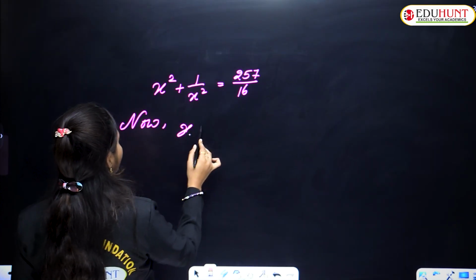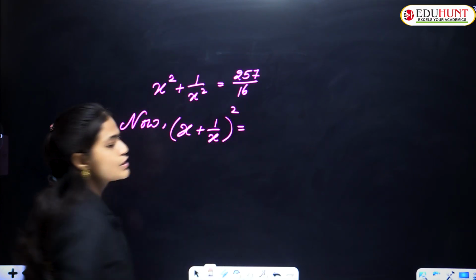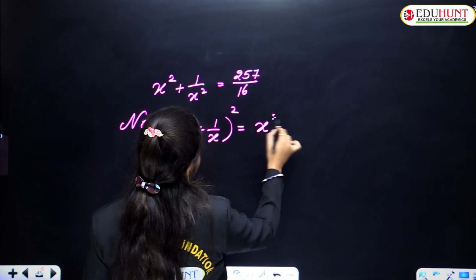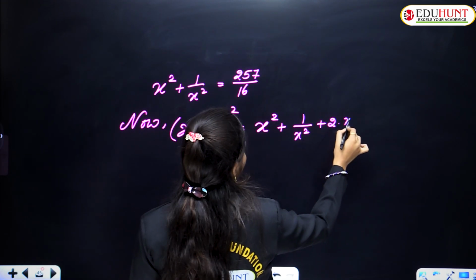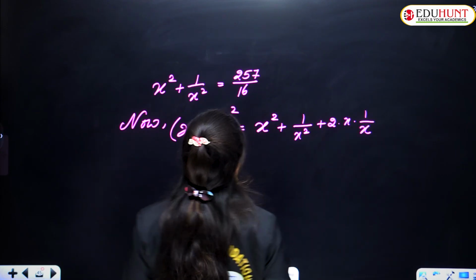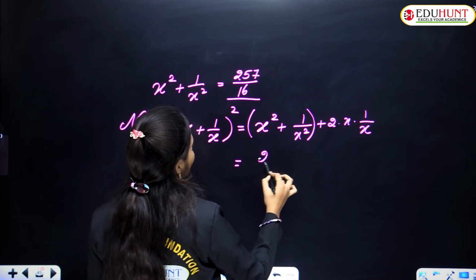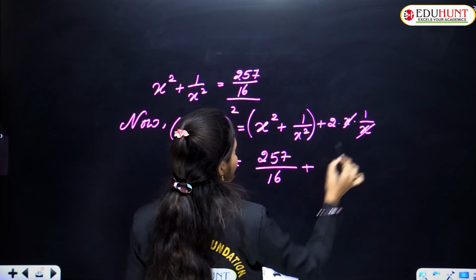So here now, (x plus 1/x) whole square we need to find out. So this is equal to a square plus b square plus 2ab. From this one, x square plus 1 by x square is equal to 257 by 16, plus x and x get cancelled.